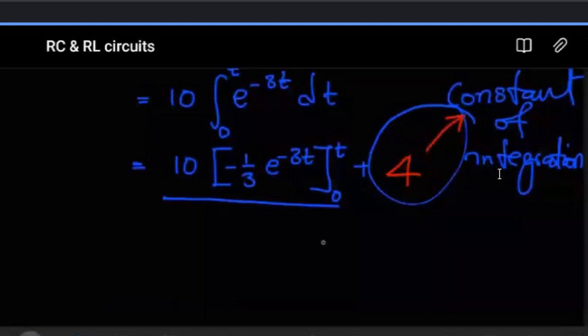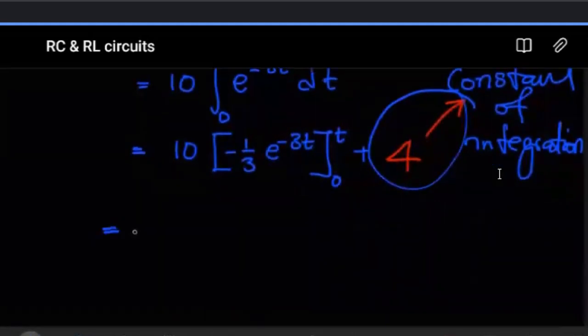When you plug in the limits, I can bring in that 10 inside. This becomes minus 10 over 3. And then let's bring in what this is. For the first one, this is going to be e to the minus 3t minus, I have left out that negative outside, so I'll say minus.